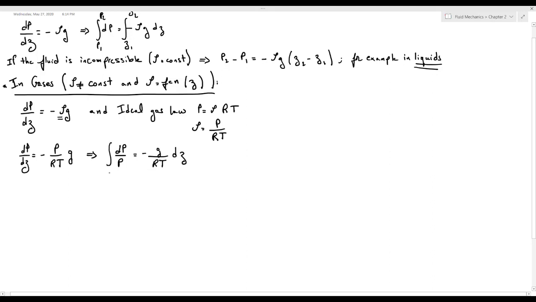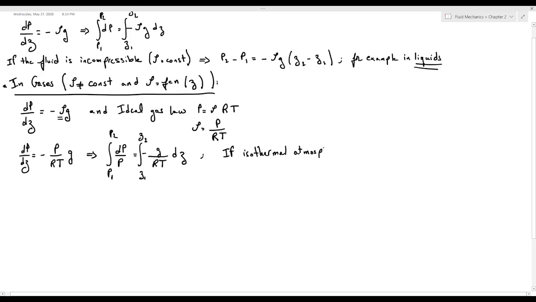So if we integrate from P1 to P2 and from Z1 to Z2. So now if we assume the temperature is independent of Z, we can say that this is an isothermal atmosphere.